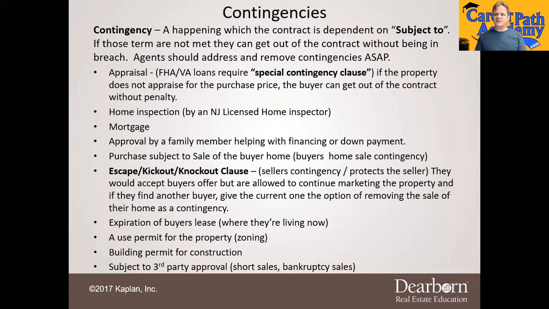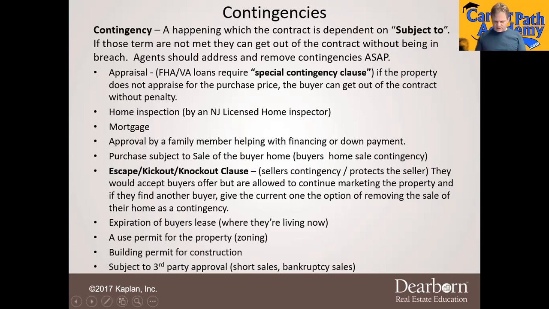This purchase is subject to the house appraising for the purchase price. That means that if it doesn't appraise for the purchase price, the buyer can get out of the contract without penalty. Or they could ask the seller to lower the price, or they could knowingly reach in their pocket and pull out more money. But when you put that as subject to in the contract, that's your way out.